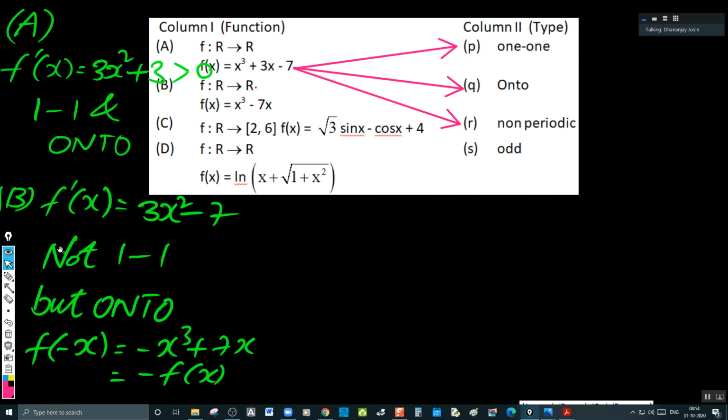Yes sir. So what are the options then? Not 1, 1 and onto तो हो जाएगा और odd भी हो जाएगा, non periodic भी हो जाएगा.